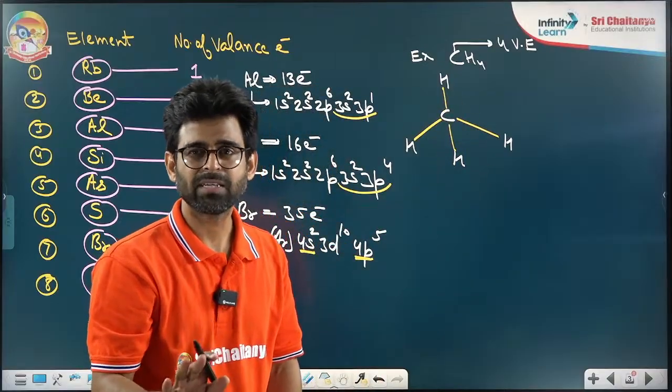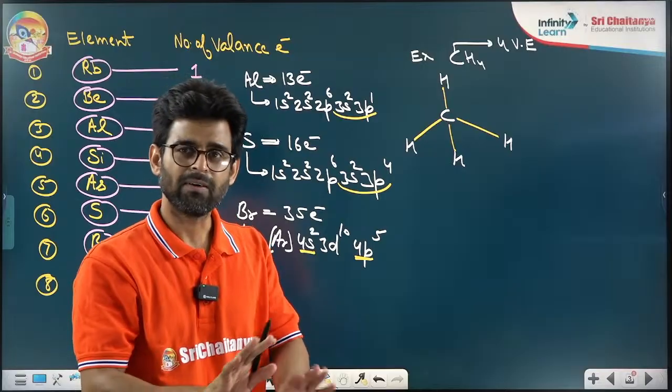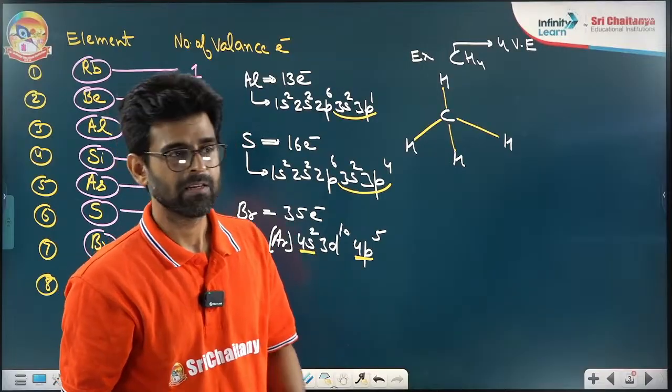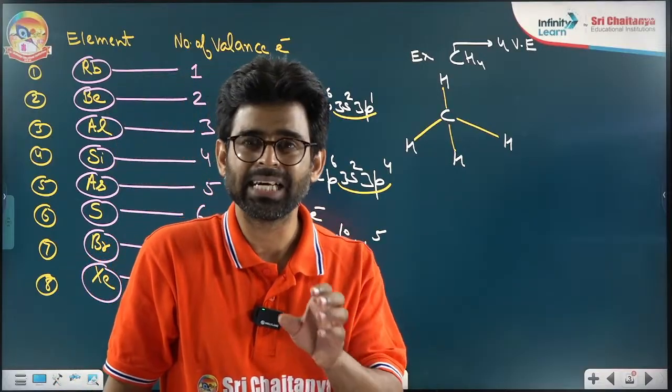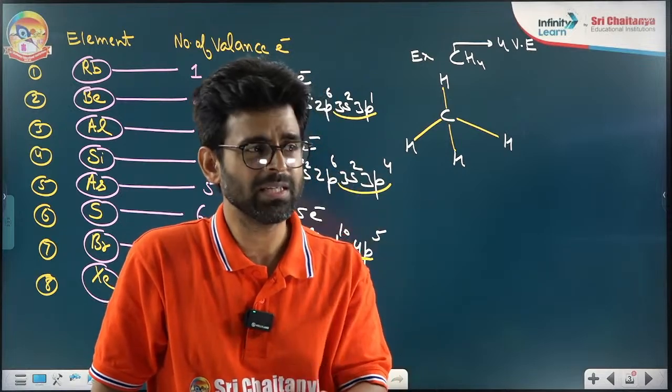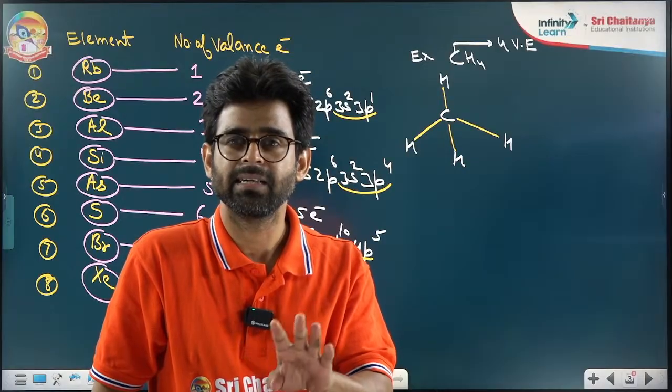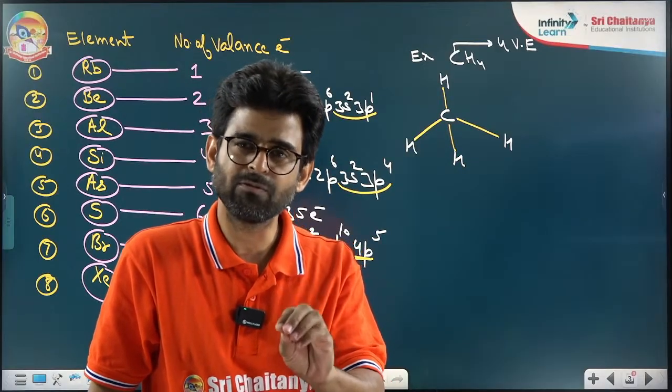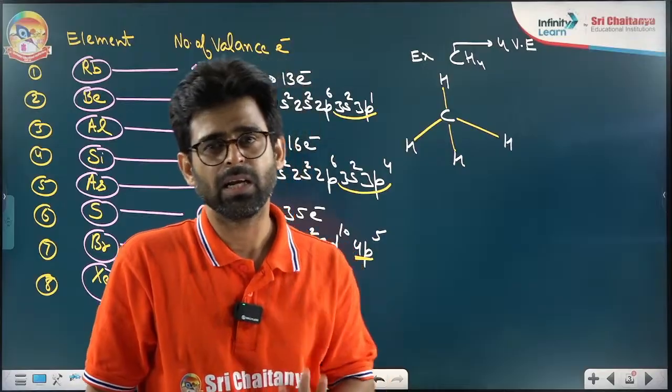No, nothing is left, right? So our structure is finished. From this we get to know that carbon is making 4 single bonds with hydrogen, and the center atom has 4 bonds without any lone pair.